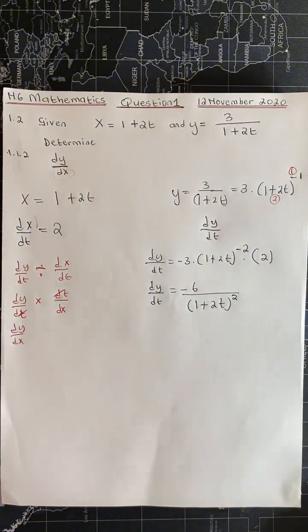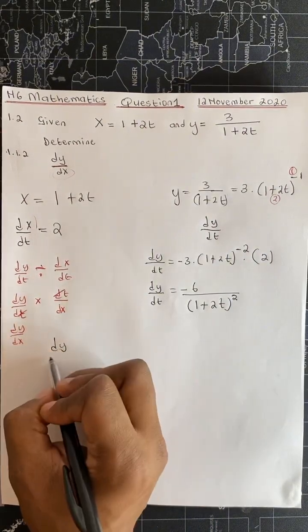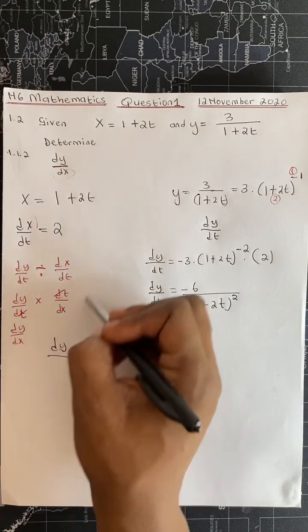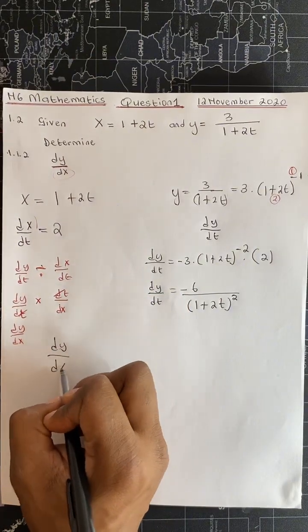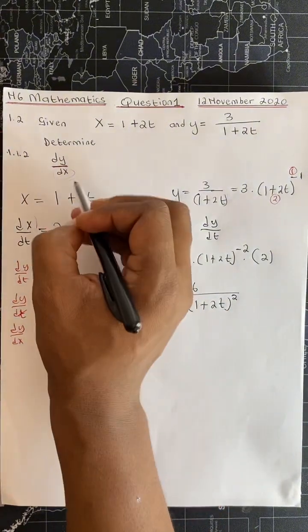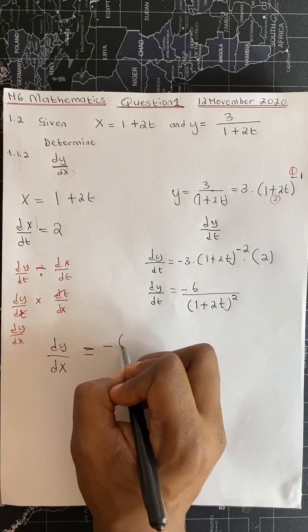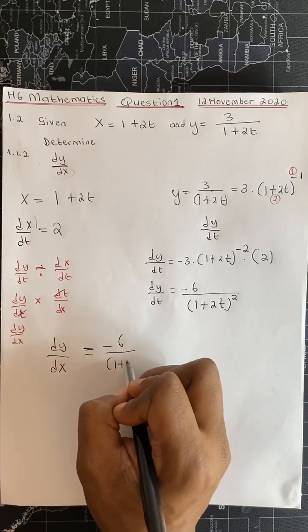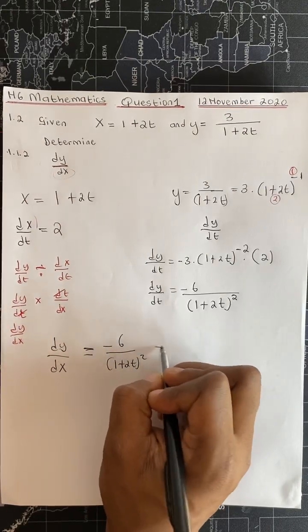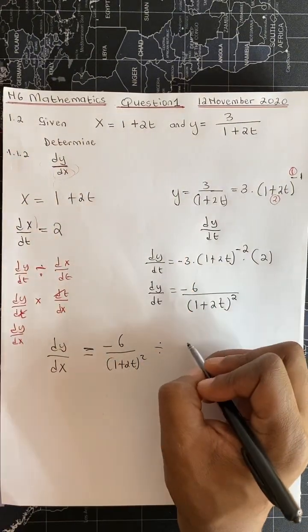So to find dy over dx without going through that, we can just take dy over dt, the one which has dy on top, and divide it by dx over dt.